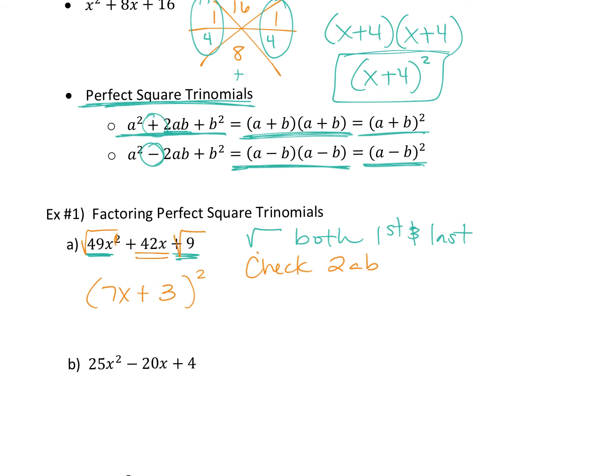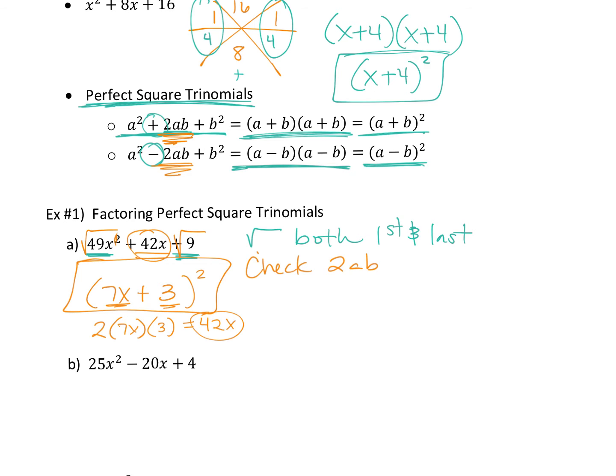That should be 2 times your a, 7x, times your b, 3. So 2 times 7 is 14. 14 times 3 is 42 times x. This is the same as that, so we know that this is the right setup. Okay, it's always got to be 2ab, just like we had in that starting setup up top.